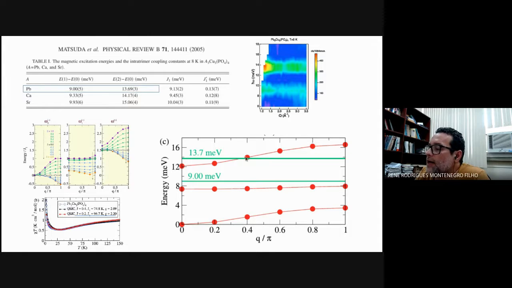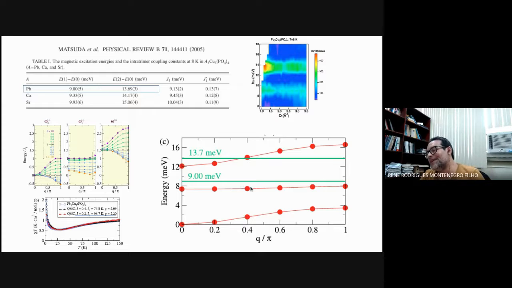The antiferromagnetic band, they estimate that the energy here has this value, this high energy band, and the flat band, there is this value of 9 milli-electron volts.